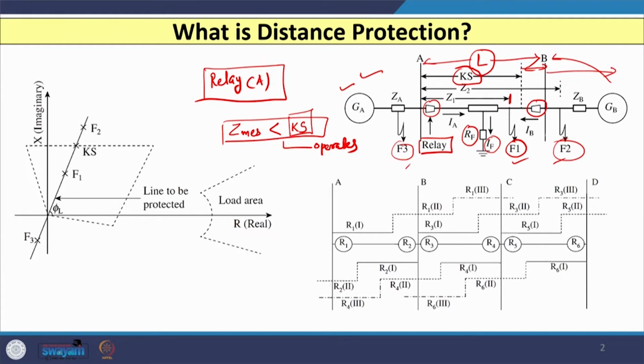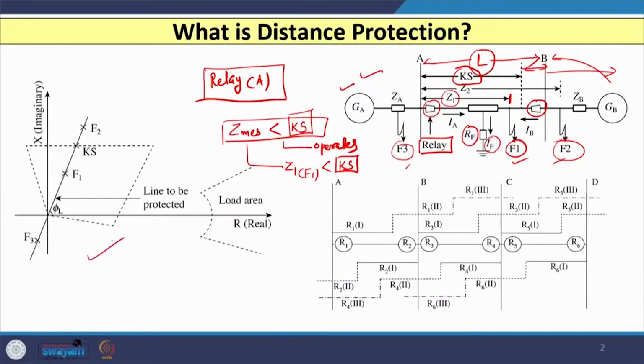When a fault occurs at F1, the measured value of impedance is Z1, and this Z1 is less than the set value Ks, so the relay operates. Normally, distance relays have different characteristics. Let us say we have the impedance characteristic, the Mho characteristic, the quadrilateral characteristic, the lenticular characteristic, the elliptical characteristic, and so on.